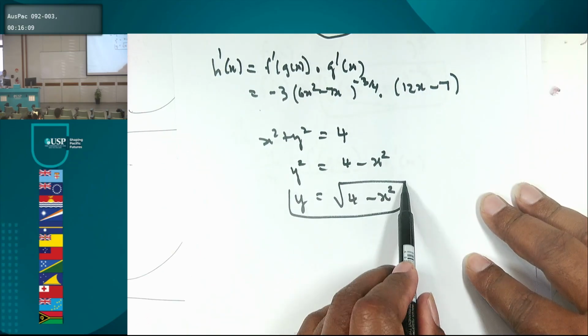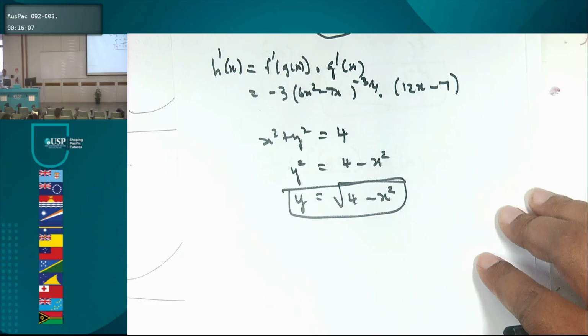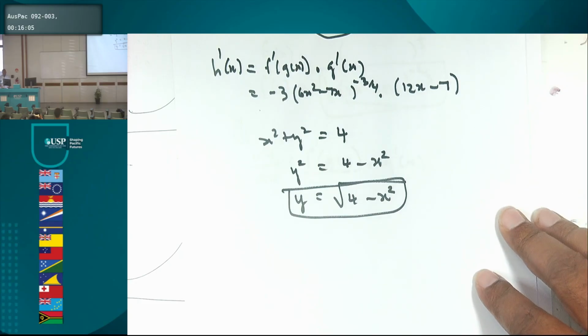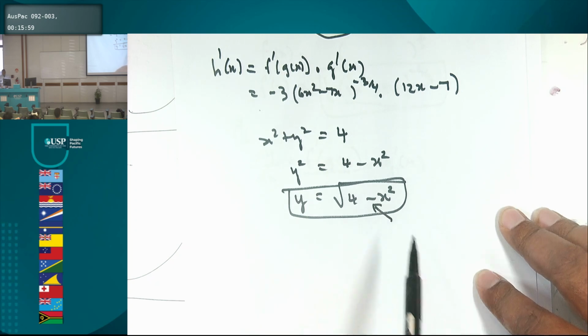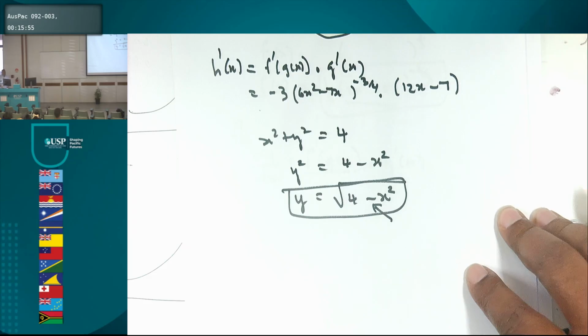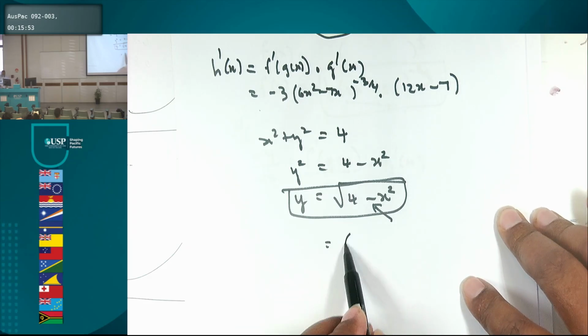If I ask you to differentiate this, what technique of differentiation do you use? The chain rule, because there is an inner function and outer function. Shall we differentiate this?